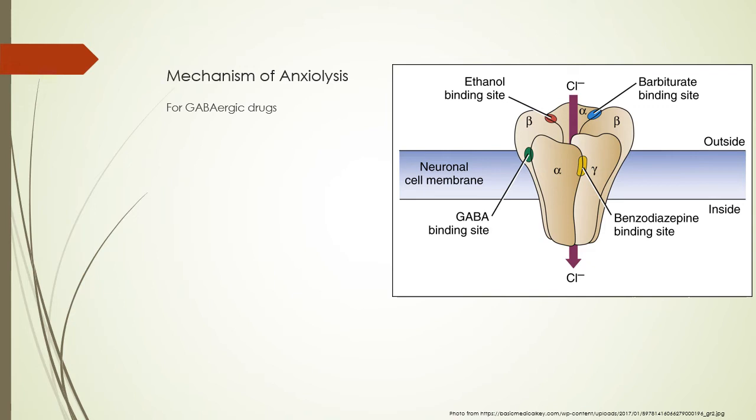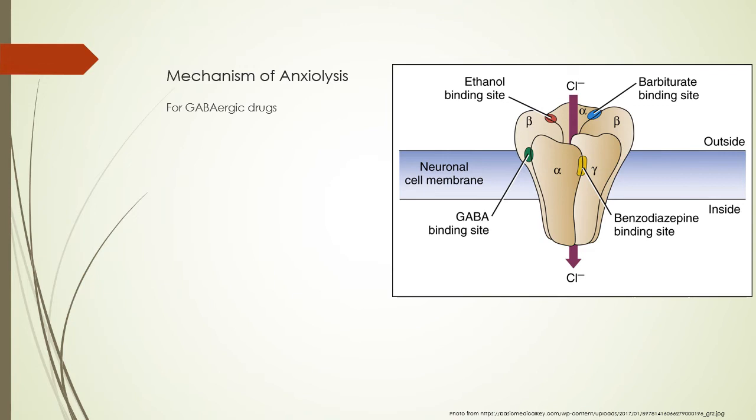Barbiturates act on the alpha and beta subunit, and create a conformation of the chloride channel which prevents its closing, which means that the chloride channel is open for a longer period of time.